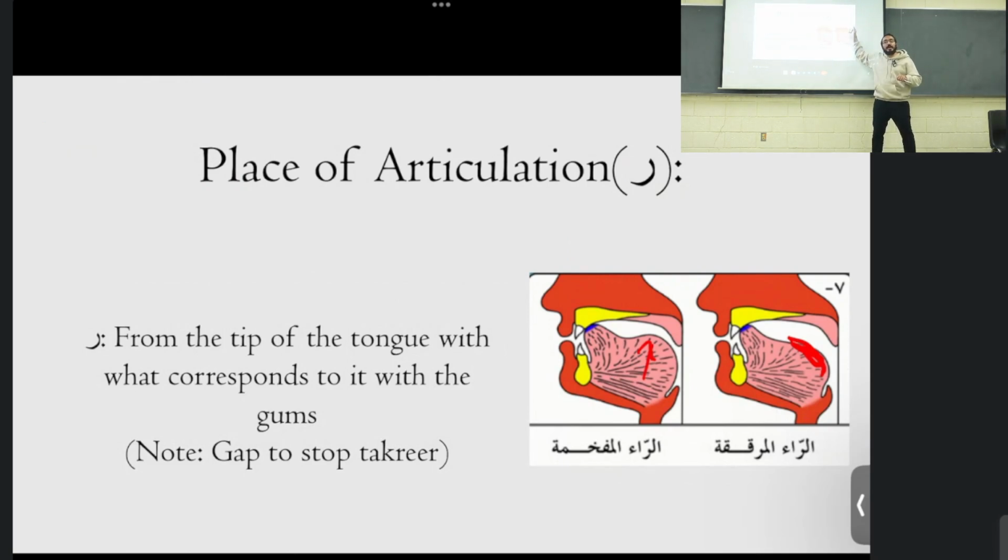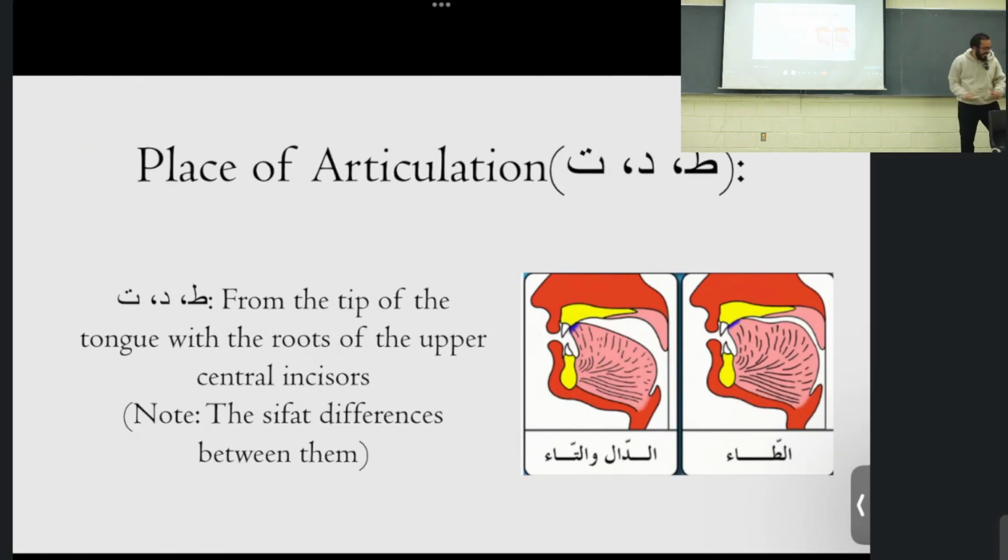Back of the tongue goes up: heavy. Straight, not lowered or kasra: light. Light letter is not kasra. You don't say fir'aun with a lowered tongue, you say fir'aun. Light letters are not kasra. Okay? They're straight. That theme is going to come a lot today.